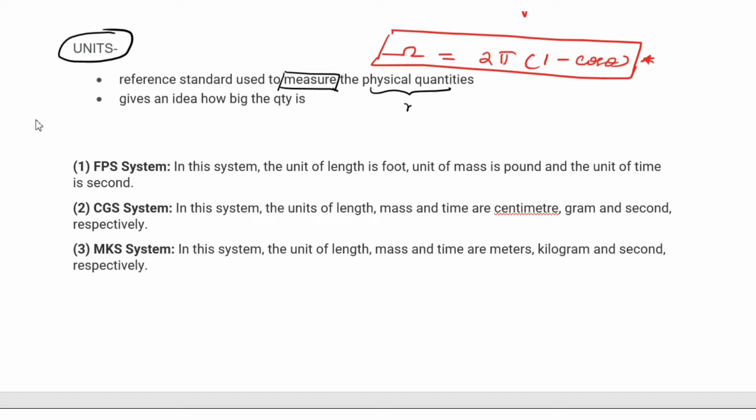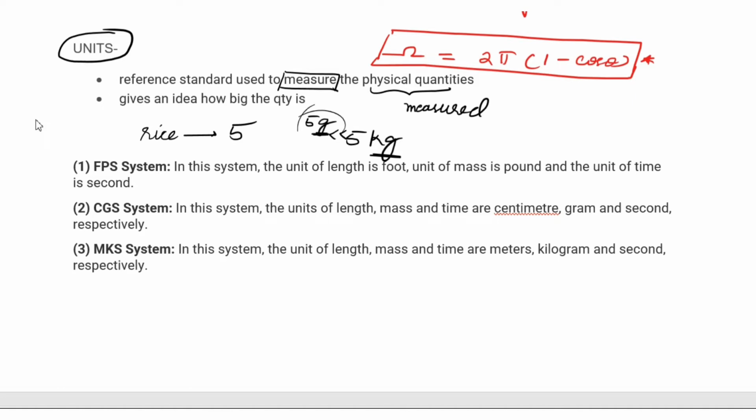This reference standard is used to measure the physical quantity, and it gives us an idea of how big that quantity is. For example, we are going to buy rice. Just by saying 5, it doesn't make any sense. Are we talking about 5 grams or 5 grains of rice? No, it must be either 5 grams or 5 kg.